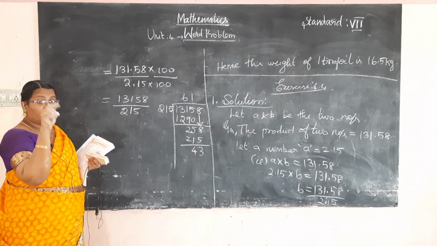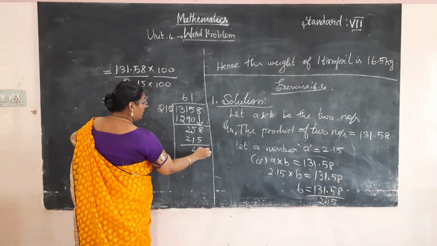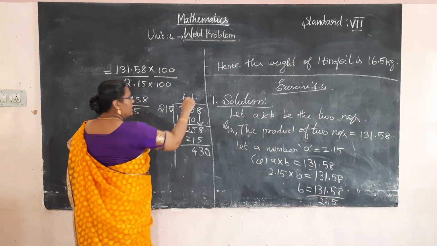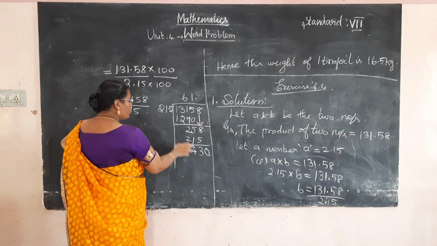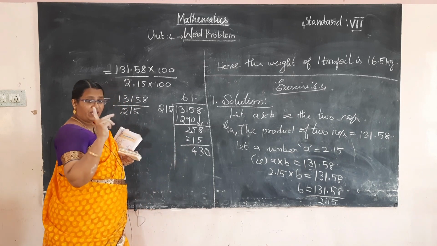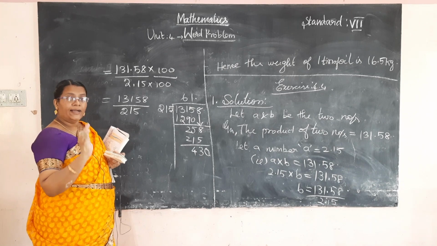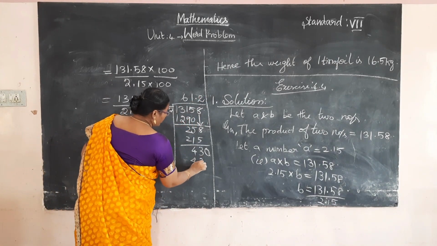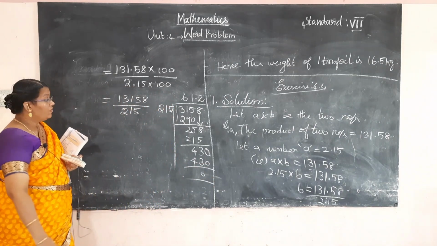So add a 0 in the dividend and put the decimal point in the quotient place. How many times is 215 possible into 430? Twice. 2 times 215 is 430. So the remainder will be 0.